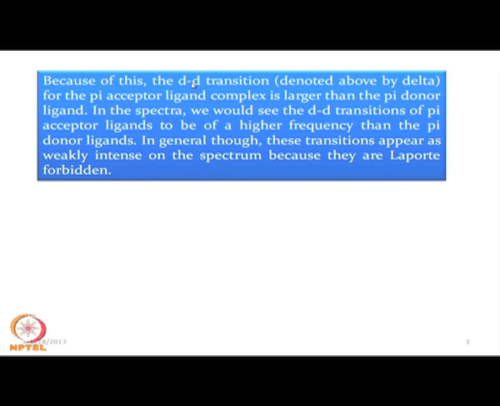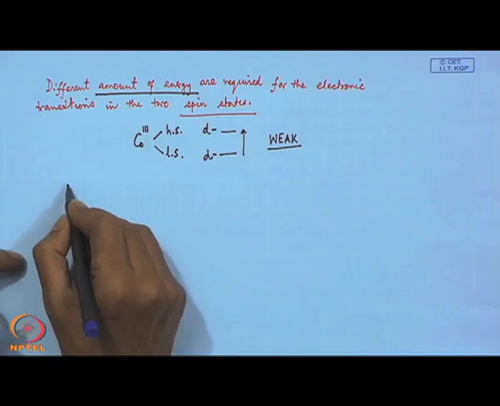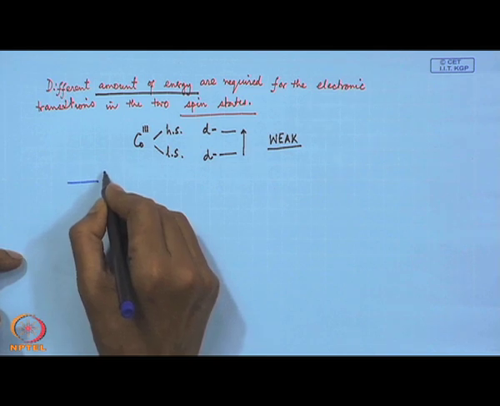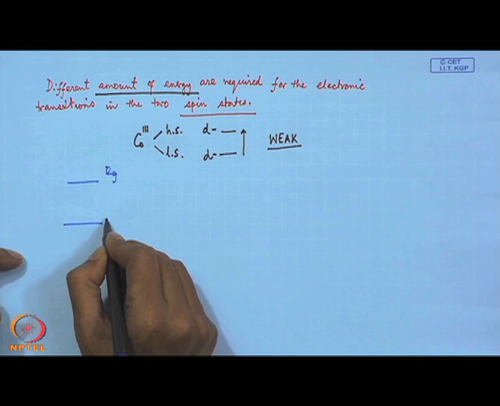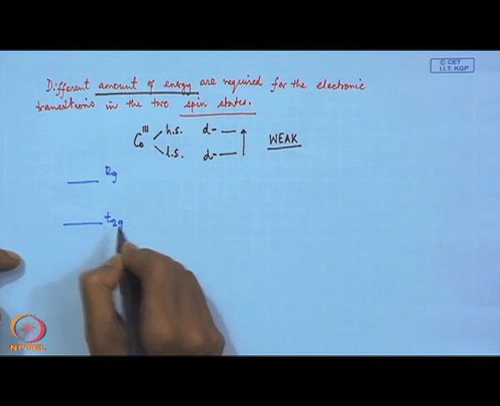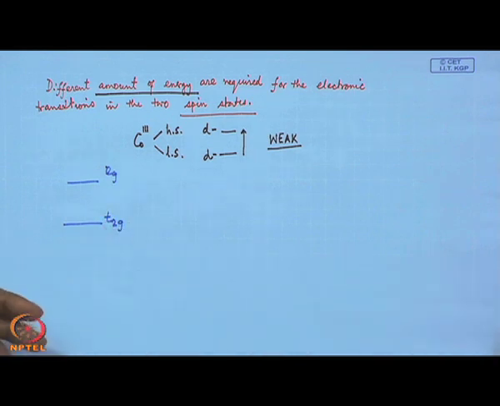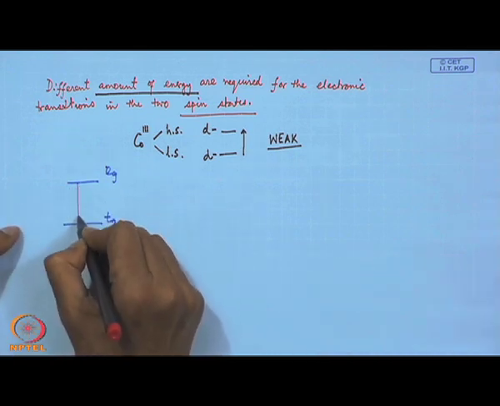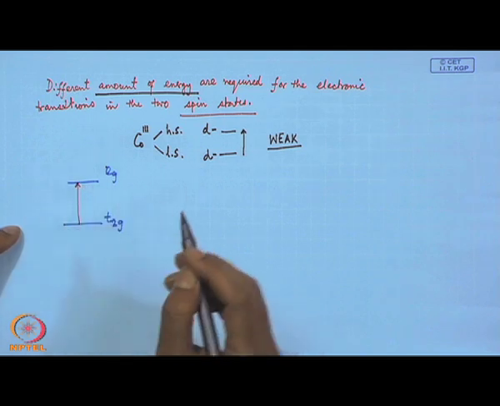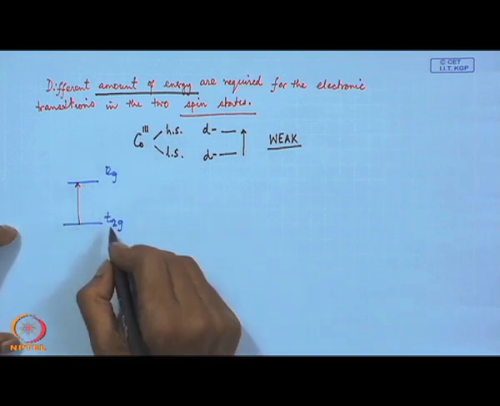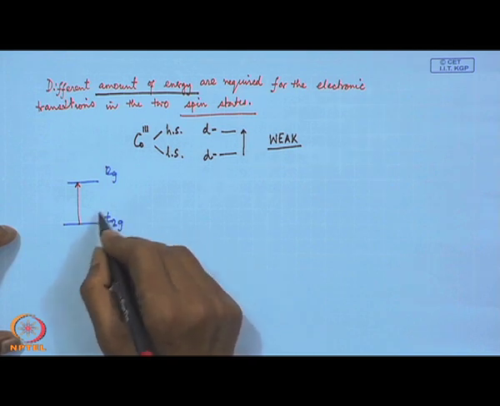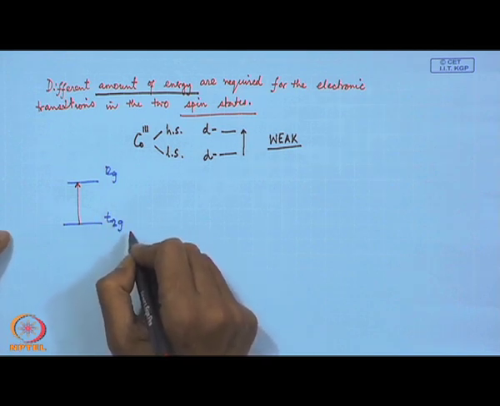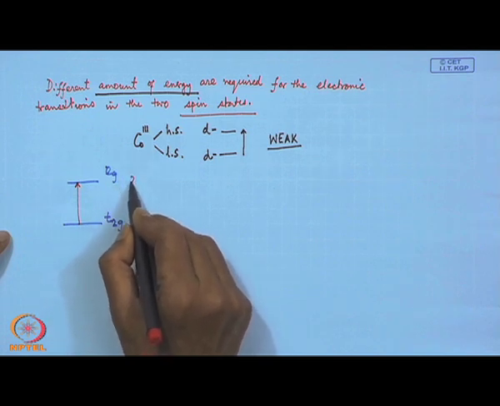If we have one particular level which is EG and another which is T2G, they are not symmetry allowed for the corresponding electronic transitions. The T2G orbitals are of pi type because they are intermediate between the metal-ligand axes, but the EG ones are of sigma type.